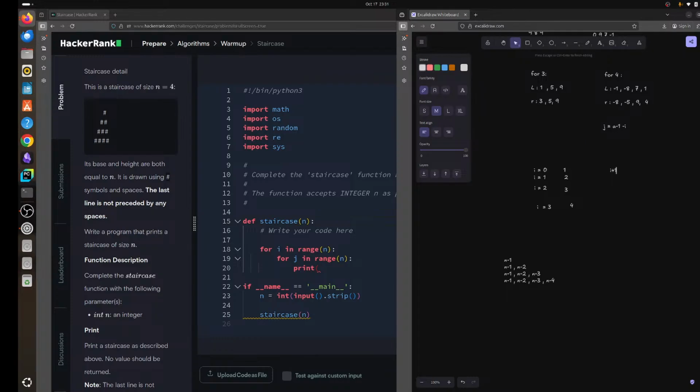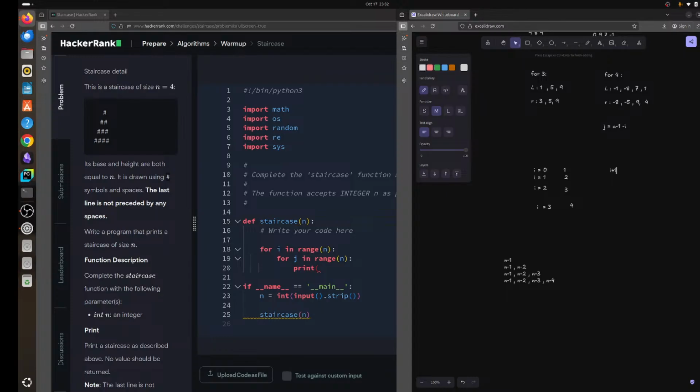So to print one specific thing, what can you do? i equals 0, and when we traverse through j, we will print space, and whenever we find j equals n minus 1, then we will print the hash. Okay. But in the case of n minus 1 and n minus 2, next i equals 1 came.